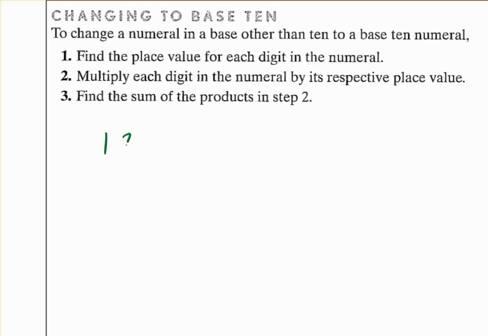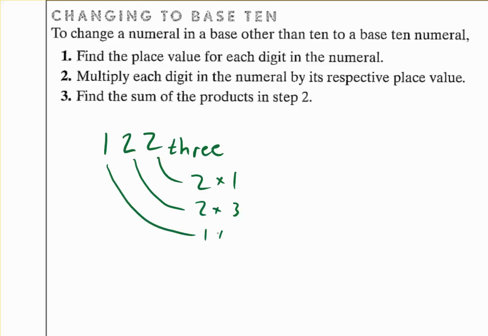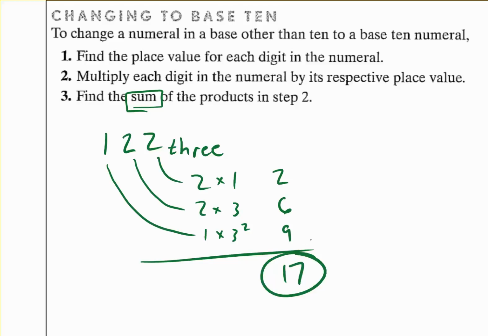If I have 122 in base 3, the place values are 2 ones, 2 threes, 1 three squared. Multiply each digit by its place value: 2 times 1, 2 times 3, 1 times 9. Find the sum, add them up. 9 plus 6 plus 2 should be 17. And that is our base 10 numeral.